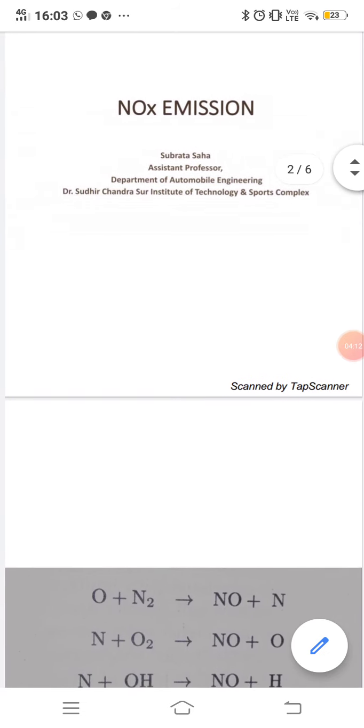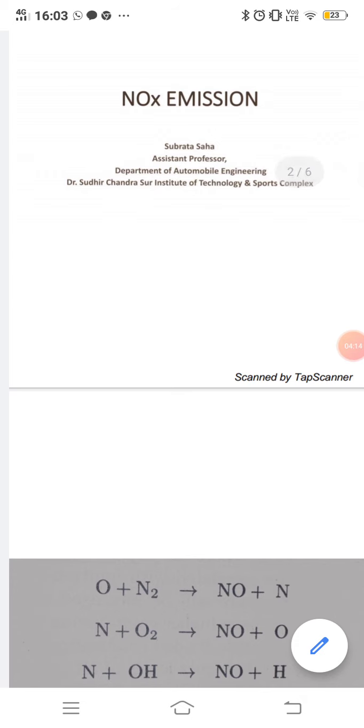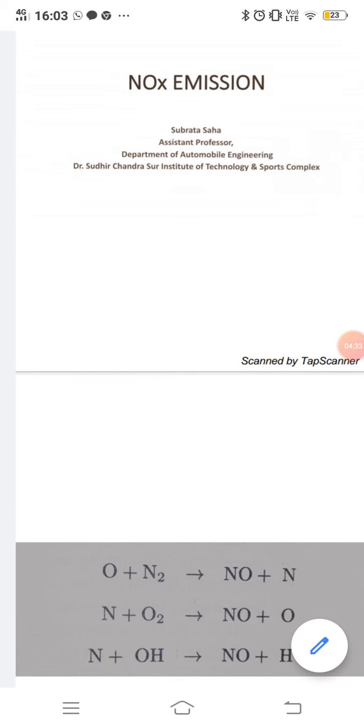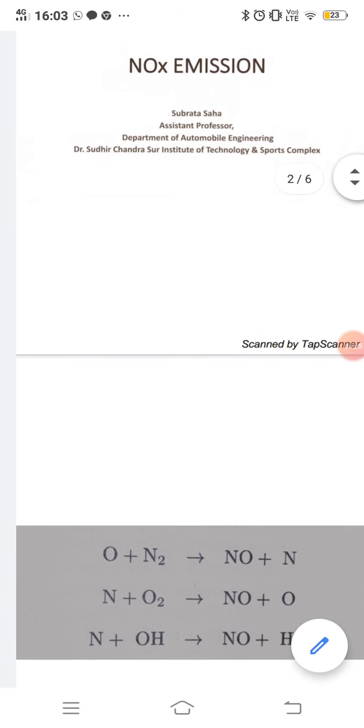NOx is created mostly from nitrogen in the air. Nitrogen can also be found in fuel blends. Further, fuel may contain trace amounts of ammonia and hydrogen cyanide, but this would contribute only to a minor degree as a source.